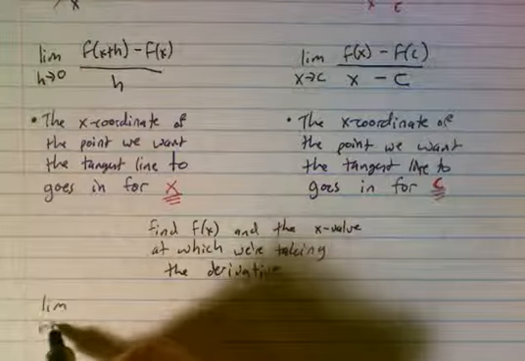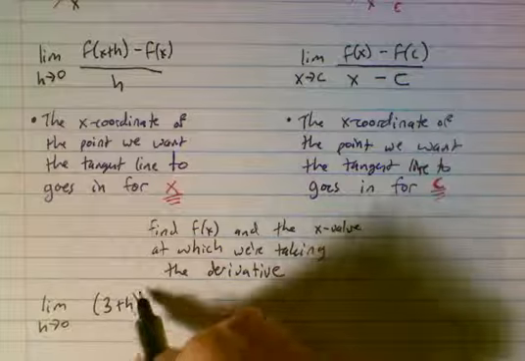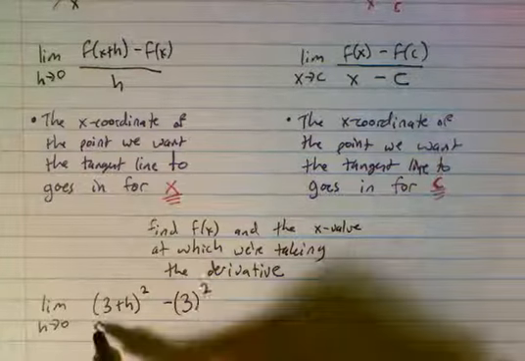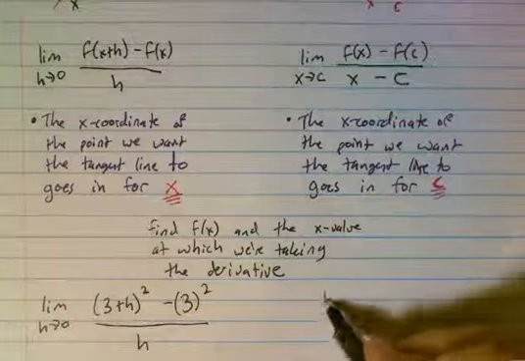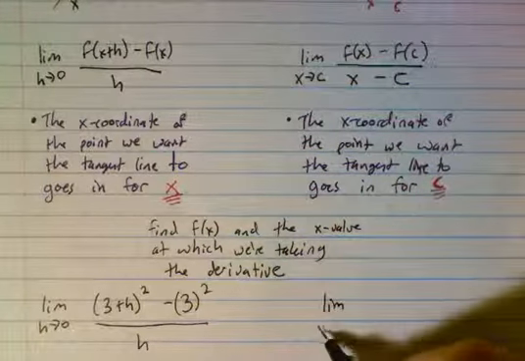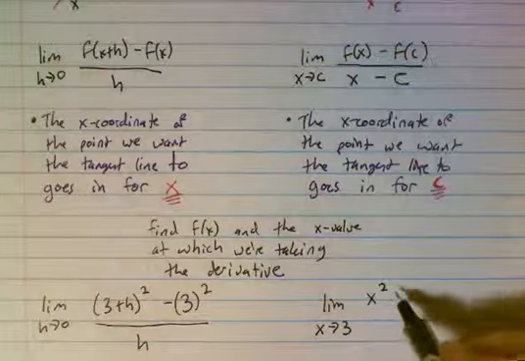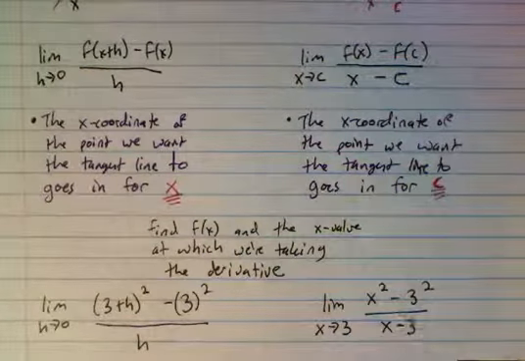We're going to see the limit as h approaches 0 of 3 plus h squared minus 3 squared over h. And on this other side, we're going to see the limit as x approaches 3 of x squared minus 3 squared over x minus 3.